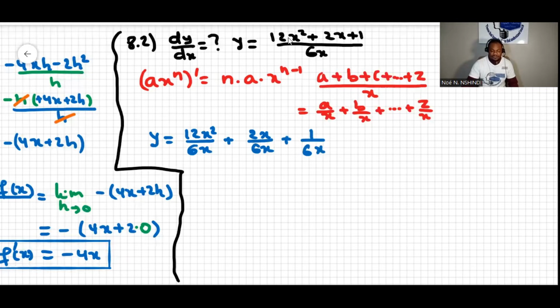Okay, so if I need, I can simplify this. Simplify here by 2, and then we have x there, we have 1, and then here also, so it'll be 3, 1, and then x gone. So y will be equal to 2x, I don't need to write over 1, you just keep it like 2x.